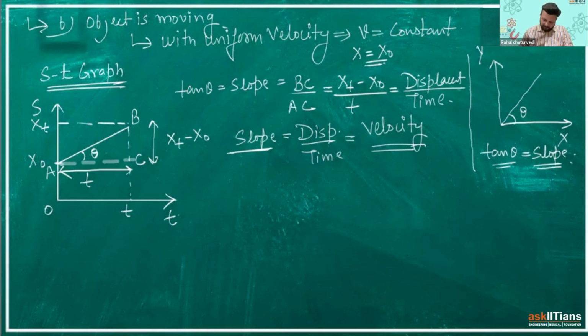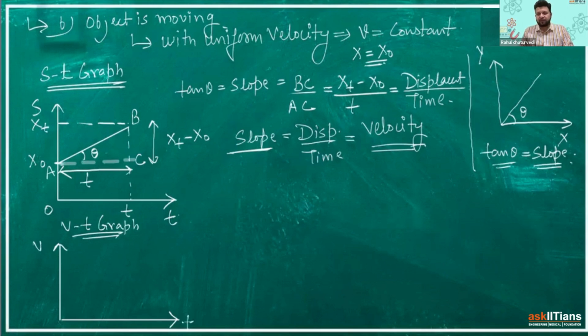In the same case, if we have to draw the graph between velocity versus time, for the vt graph, as velocity is constant, that means the slope of the displacement time graph is constant.